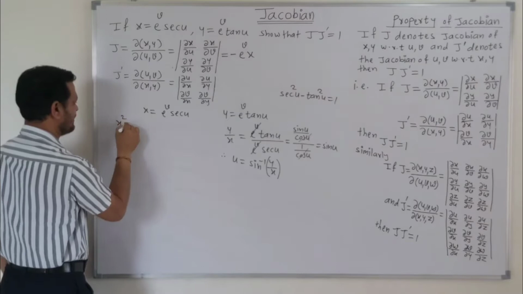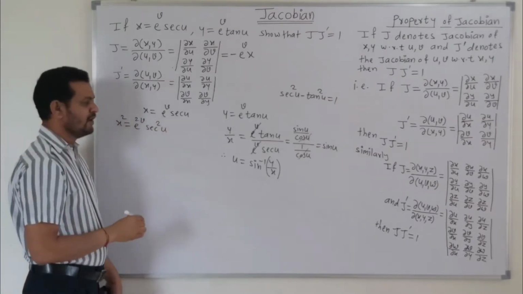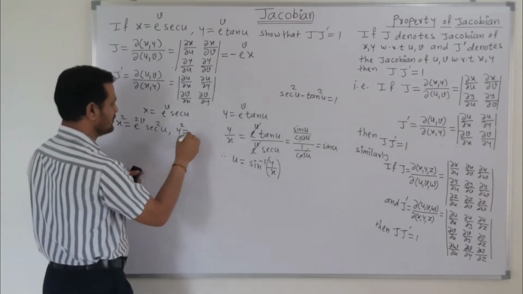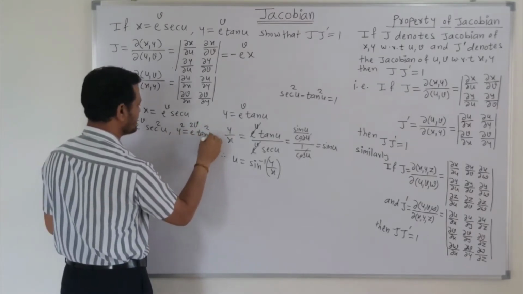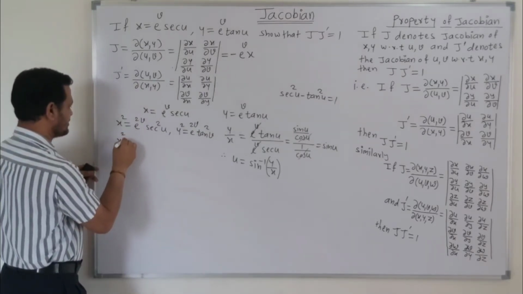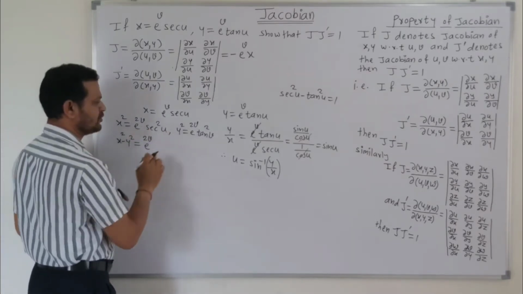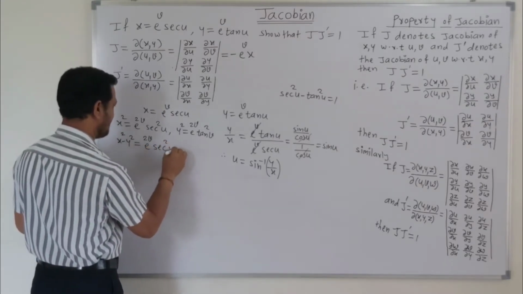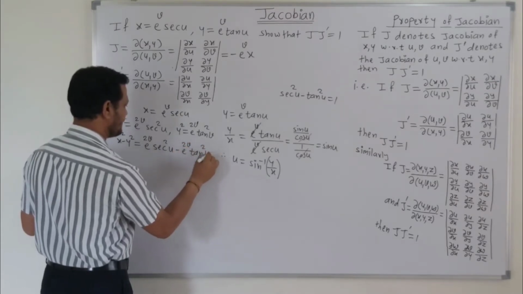So we get x square is equal to e raised to 2v into sec square of u. Similarly, we get y square equal to e raised to 2v into tan square of u. If we take the subtraction of these two terms, then x square minus y square is equal to e raised to 2v sec square of u minus e raised to 2v tan square of u.